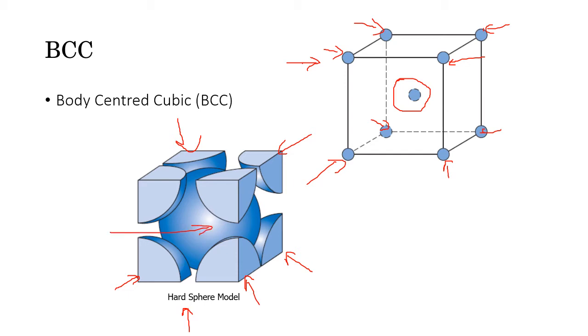So if you want to calculate the total number of atoms in body centered cubic crystal system, we have 1/8 of each corner atom, and there are 8 corners plus one body centered atom, so this gives us 2. And that's why body centered cubic crystal system is a non-primitive crystal system.